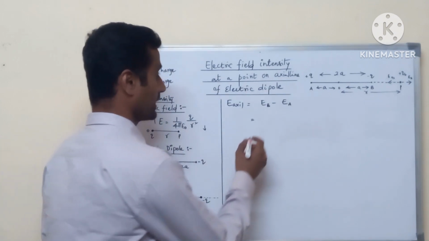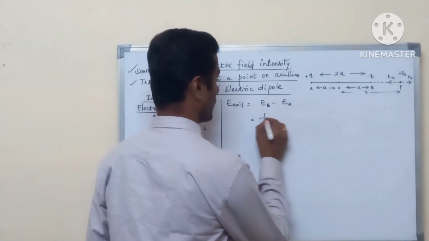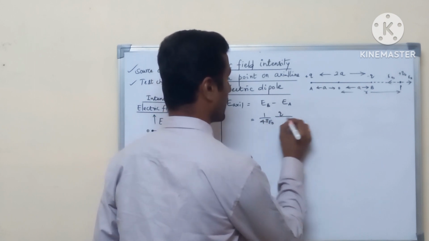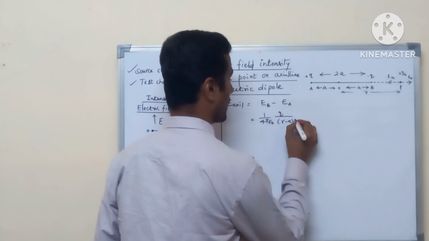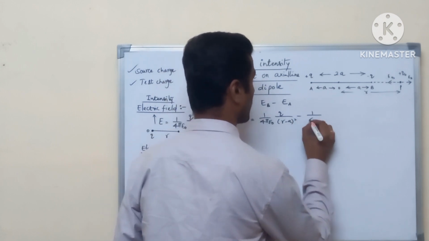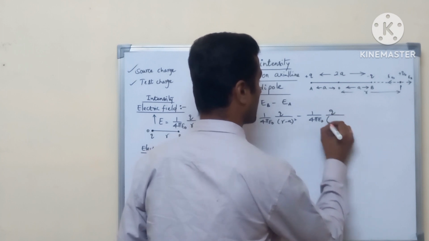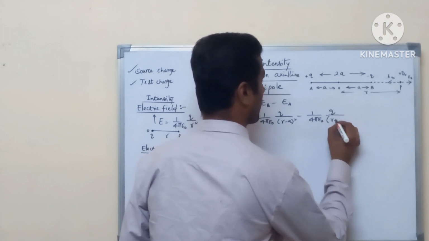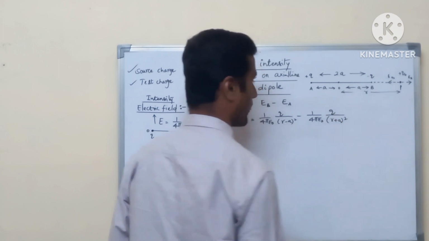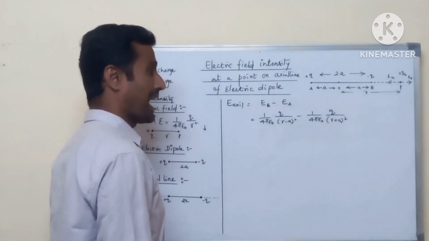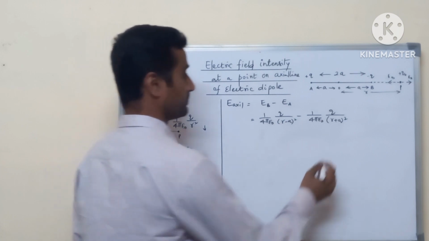By substituting their corresponding values, we get 1 by 4 pi epsilon naught Q by R minus A whole square, minus 1 by 4 pi epsilon naught Q by R plus A whole square. Here we can write A plus R as R plus A.